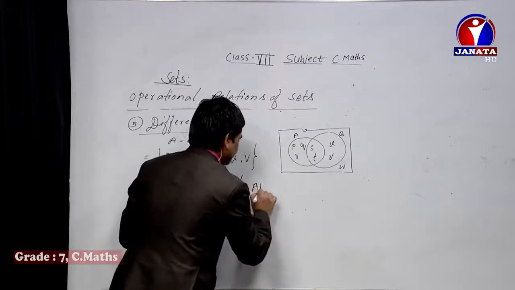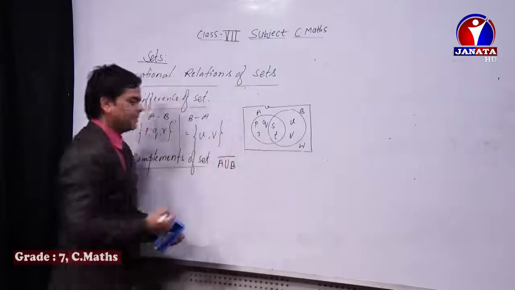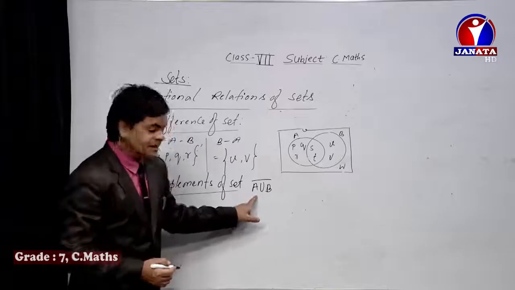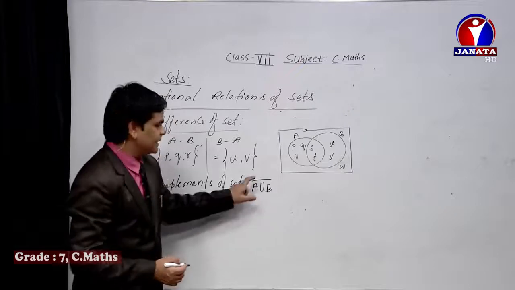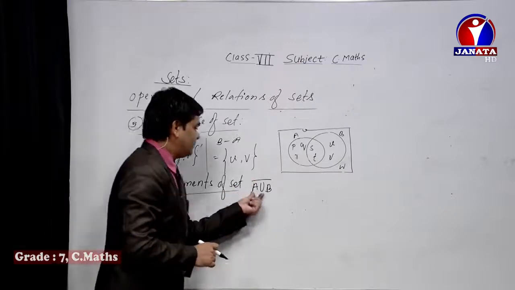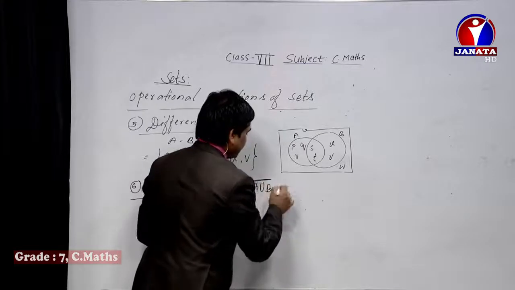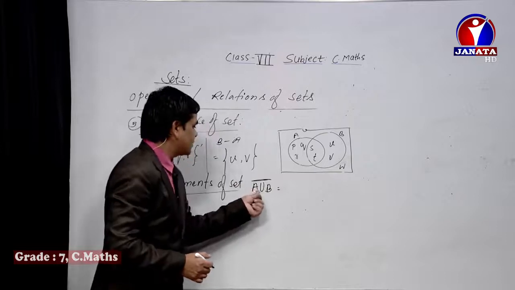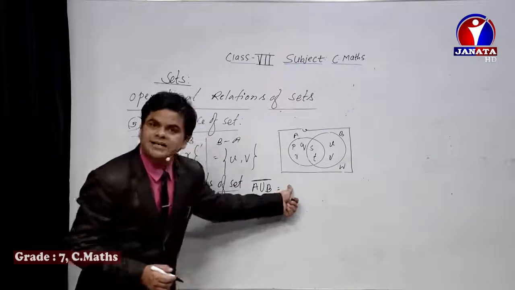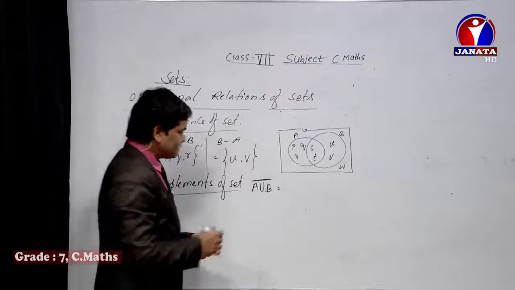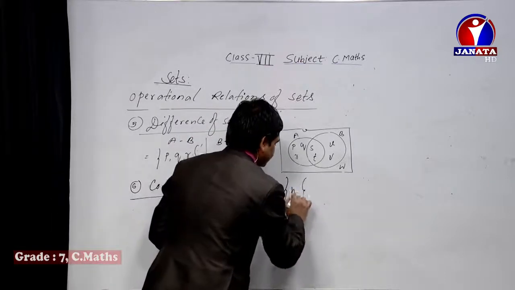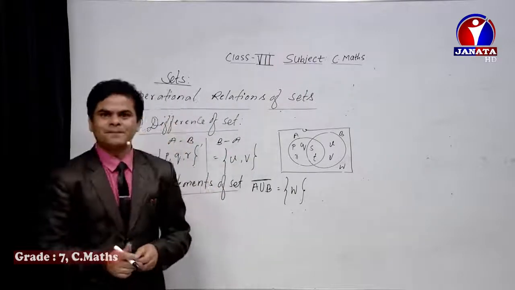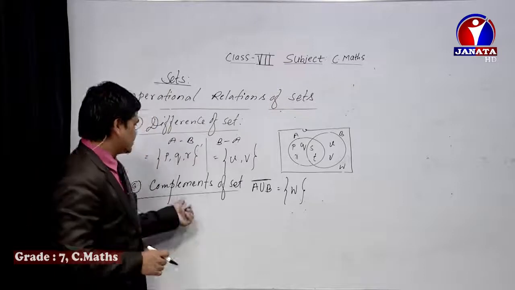So A union B complement: from this Venn diagram, if we put the bar sign above the union of the two sets, that is the complement. If you have to take out A union B complement, then except the elements of A union B, they come under the category of complement. It means, of course, W only. If there are more than one element, then also we need to copy those elements. So this is the situation of complements.